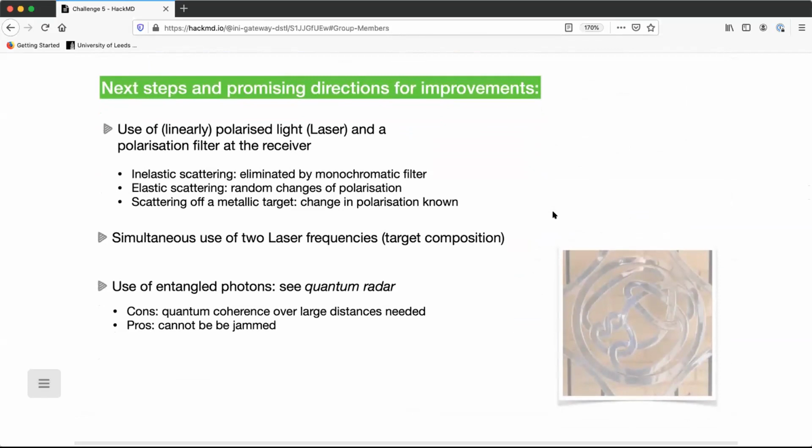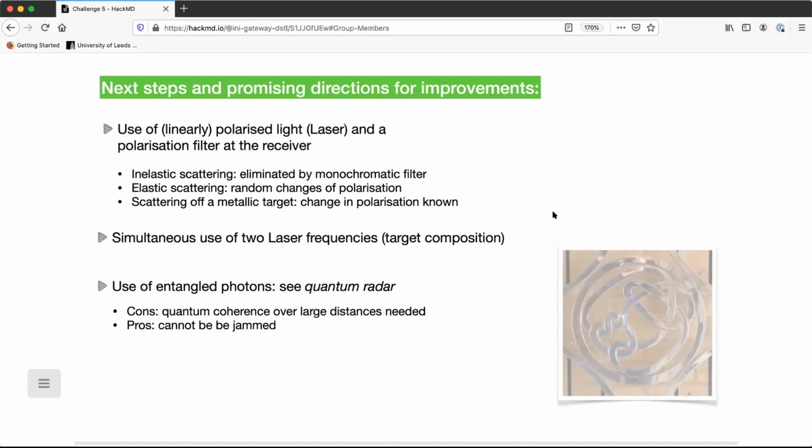And then we discussed how you can improve things. First of all, I think what's really interesting is maybe you can use polarized light. There are a lot of shortcomings in the modeling because we haven't taken into account the Poisson noise in the measurements of the time of flight.